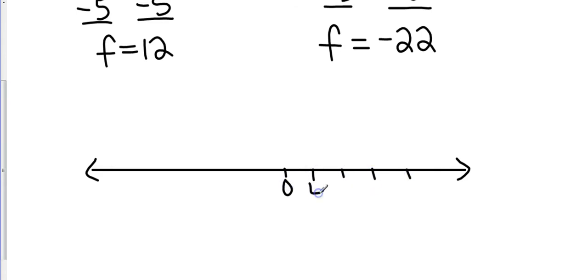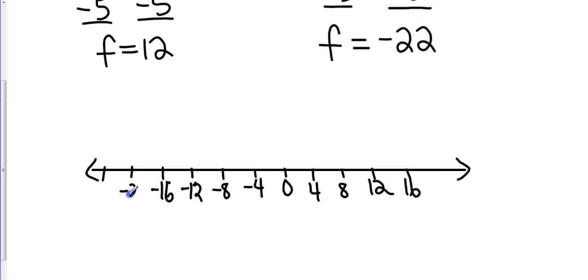I'm going to go one past. And so that'll be negative 4, negative 8, negative 12, negative 16, negative 20, negative 24. That way we don't have to make a huge line. And just to graph these, we're going to simply put dots above our solution. So we have a solution at 12, and we have a solution at negative 22.